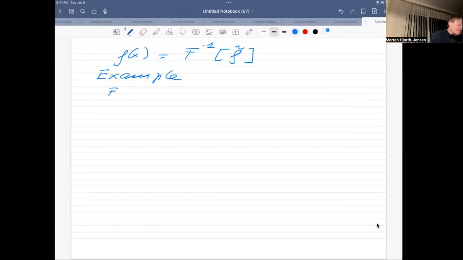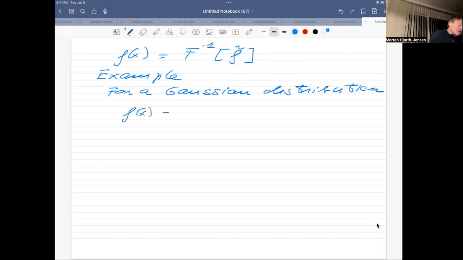So if I take a Gaussian, that means that I have a distribution where this f of x is given by some e to the minus a squared times x squared, where a is just a constant. This looks very much like our harmonic oscillator wave functions, by the way.